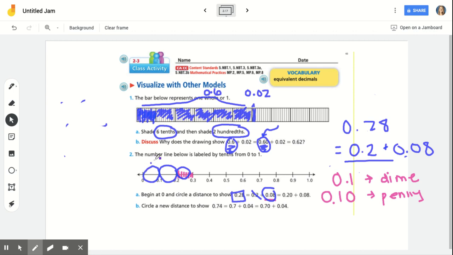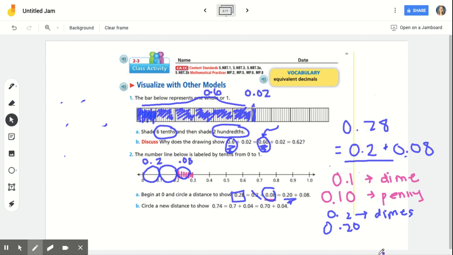I just shaded in 2/10 and 8 hundredths. Okay, and then it also said that we should be realizing now that 2/10 is in fact equal to 20 hundredths. It's kind of like what I just said. So if I took 2 dimes and I exchanged it for pennies, how many pennies would I have?